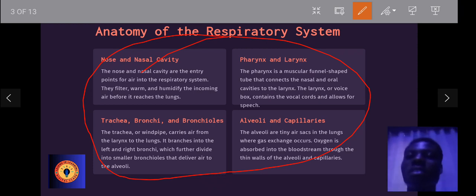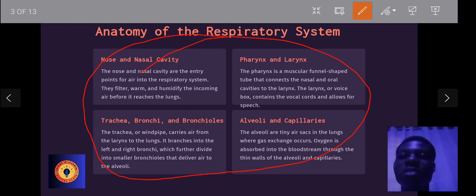And then we have the larynx and the pharynx, which are responsible for speech, or let me say voice. It allows us to speak. And we have the trachea, the bronchi, and the bronchioles. They are connected to the nasal cavity, coming down to the lungs.